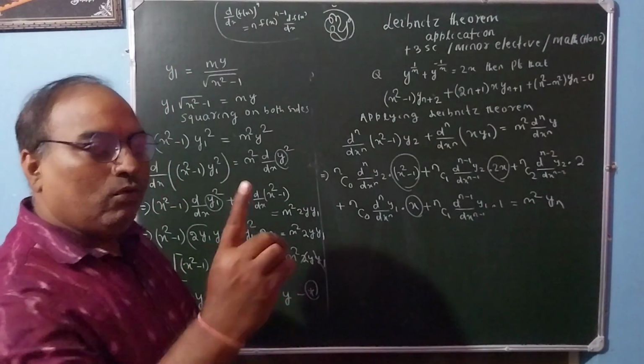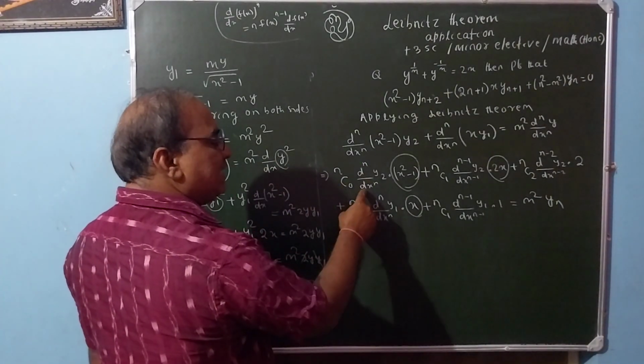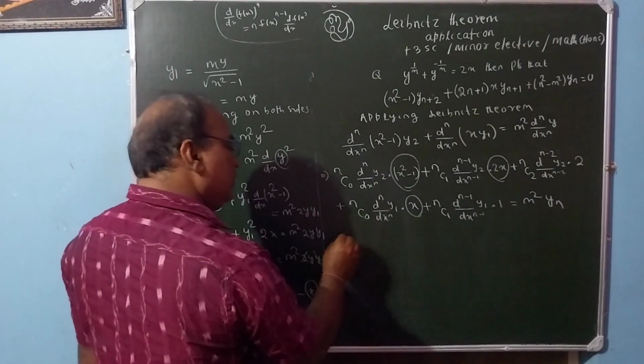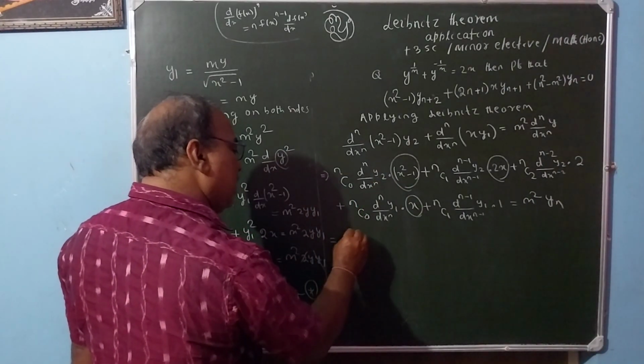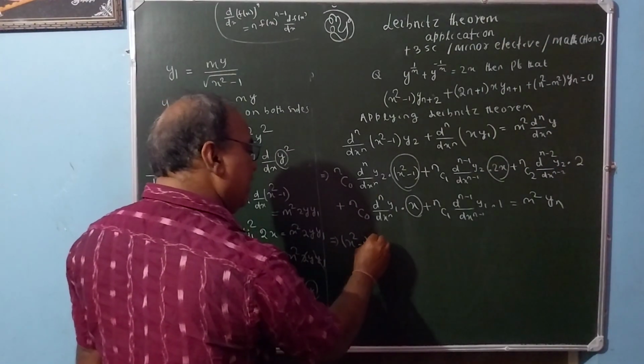Okay, now nC0 is 1, d to the power n by dx to the power n of y2 is yn plus 2. So write down the last step: x square minus 1, here it is yn plus 2.